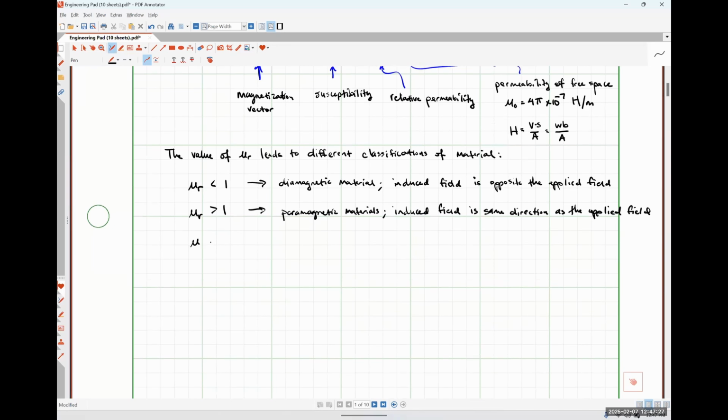And then when we have materials where mu r is much, much greater than 1, so typically we're talking about thousands of times greater than mu naught, these are typically classified as ferromagnetic materials.